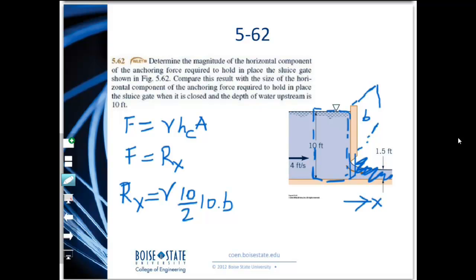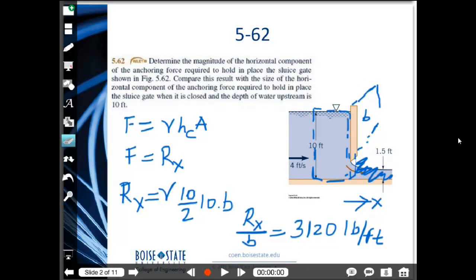You should end up with Rx over b as 3120 pounds per foot. That's the second part of the problem, but since it was easier to do, we just did that. And for the first part of the problem, when the sluice gate is open, let me erase this.